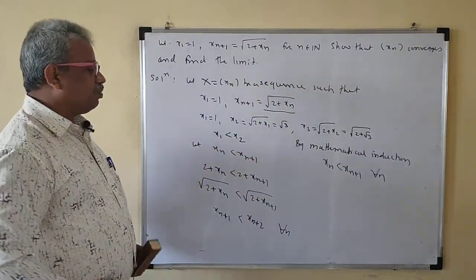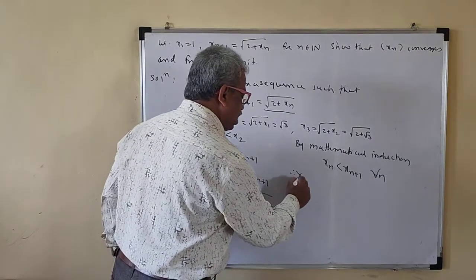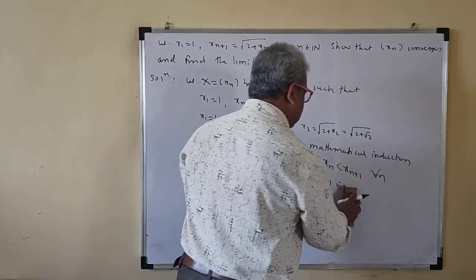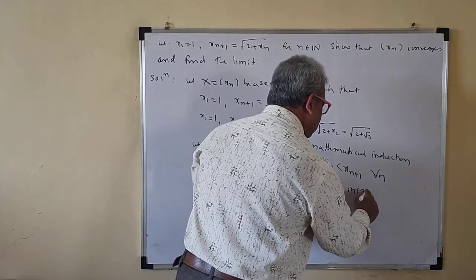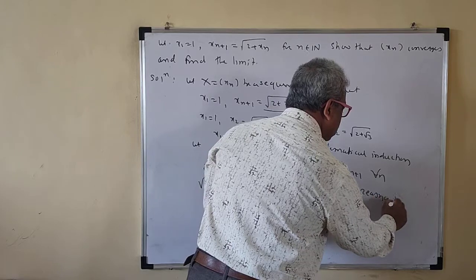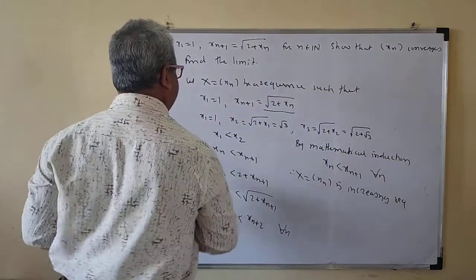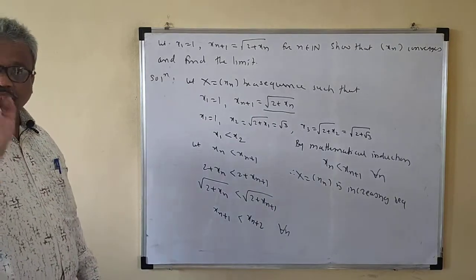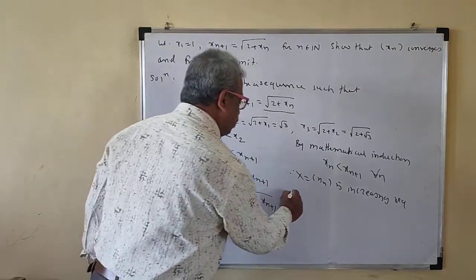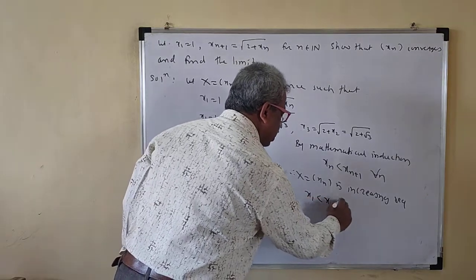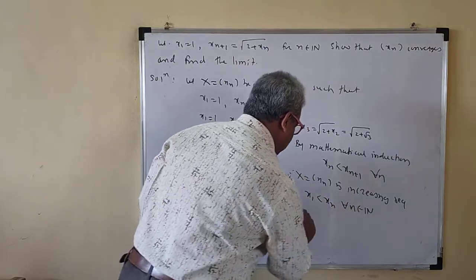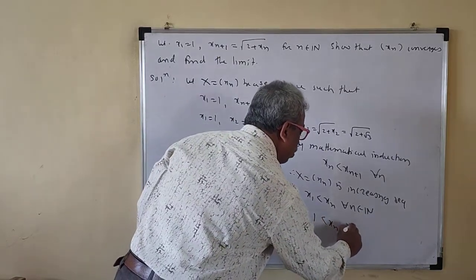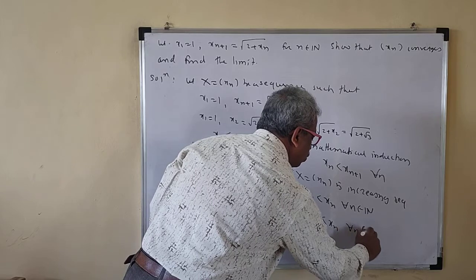Therefore, x equal to xn is an increasing sequence. Okay. So an increasing sequence is always bounded below. Therefore, x1 is less than or equal to xn for all n belongs to N. What is x1? x1 is 1, which is less than xn for all n belongs to N.